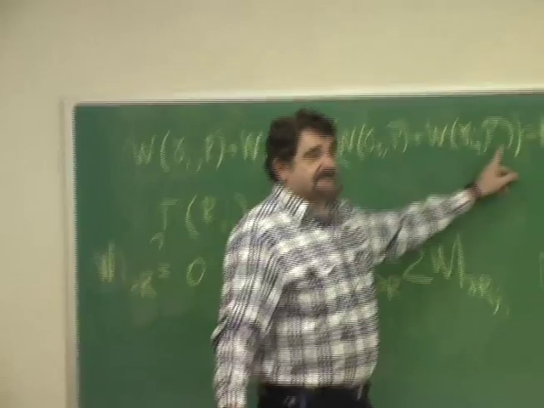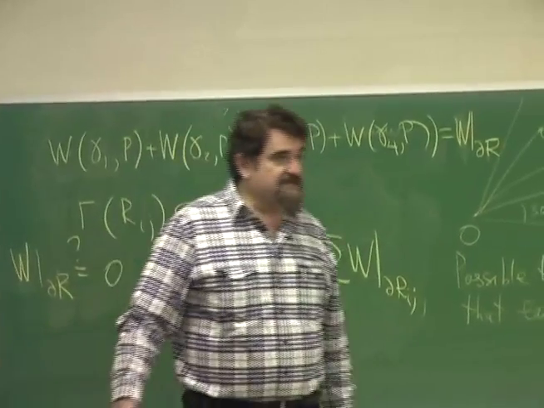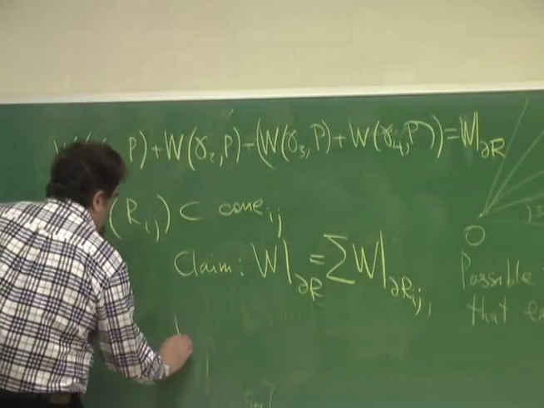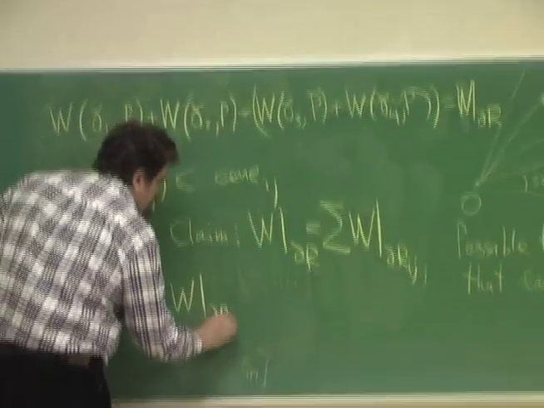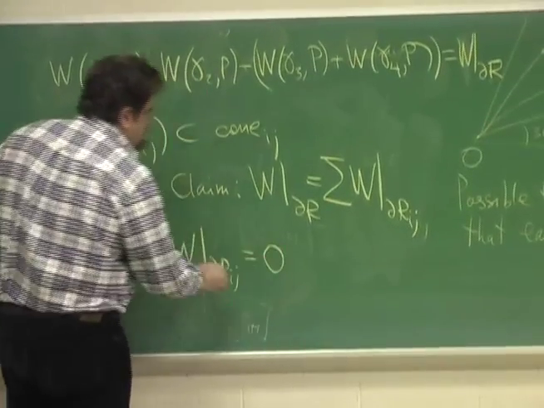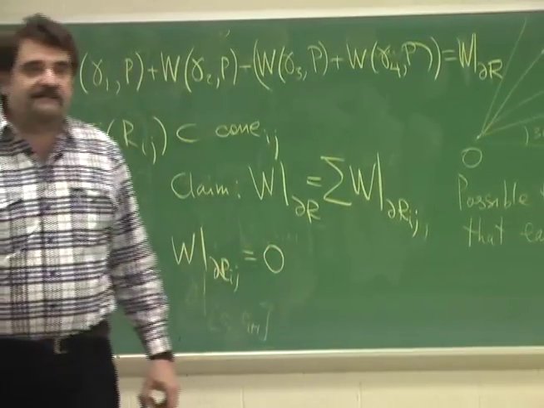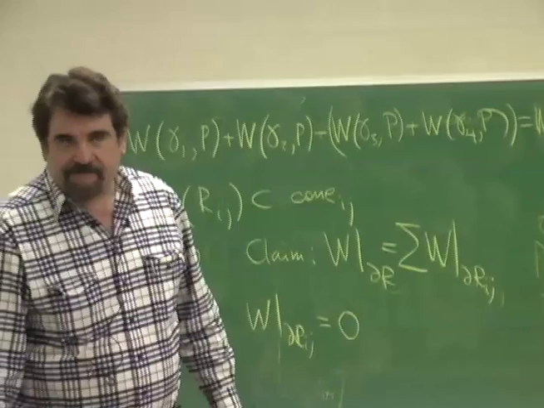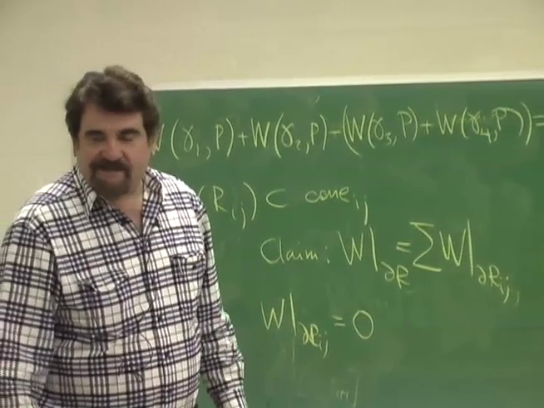But this is exactly the same. You look at the picture and you see that this is exactly the same. So, W over drij is 0 simply because the angle variable is well defined for a small rectangle. You simply get the differences and that's it.